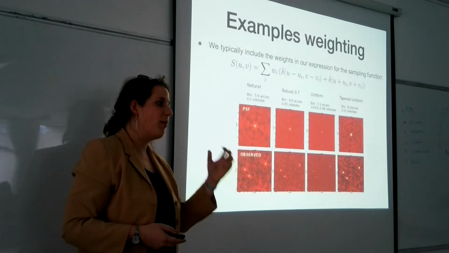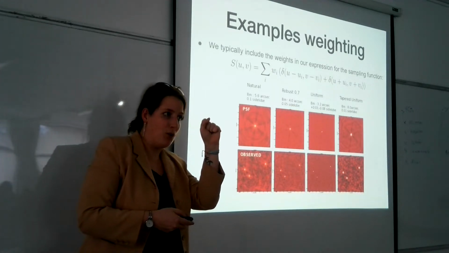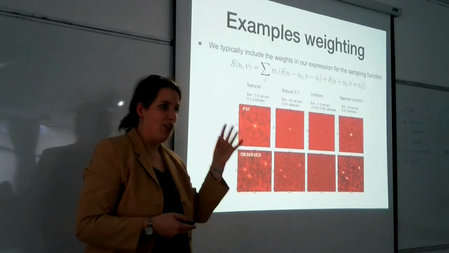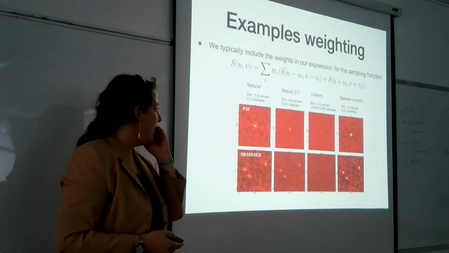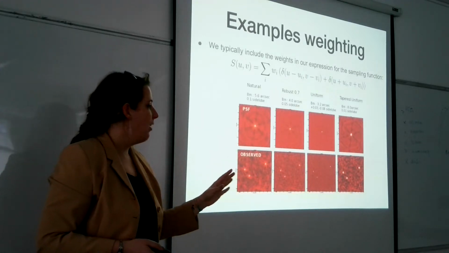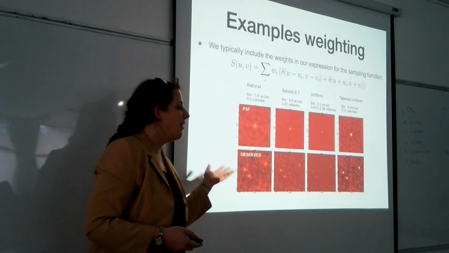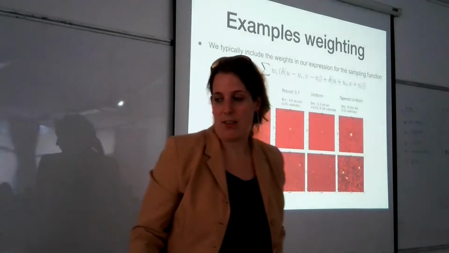If you care mostly about resolving structure, or in this case, finding how small my object really is, you want to go to uniform, or low robust values. If you only care about detecting something, if you don't care about resolving it, then natural weighting is better, because you always have a better signal to noise in that case.